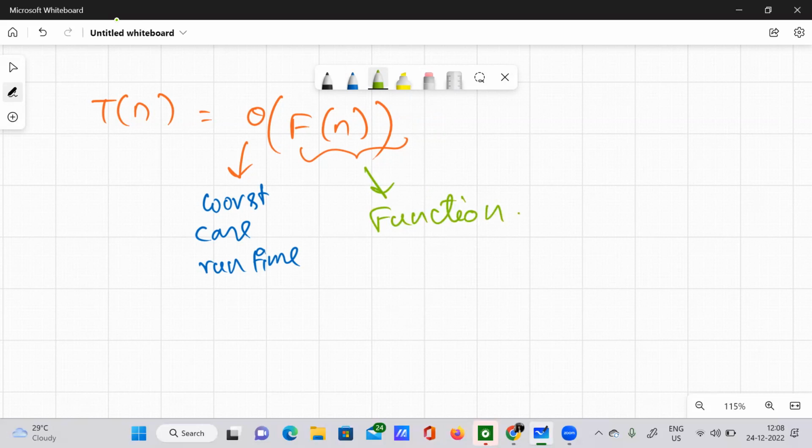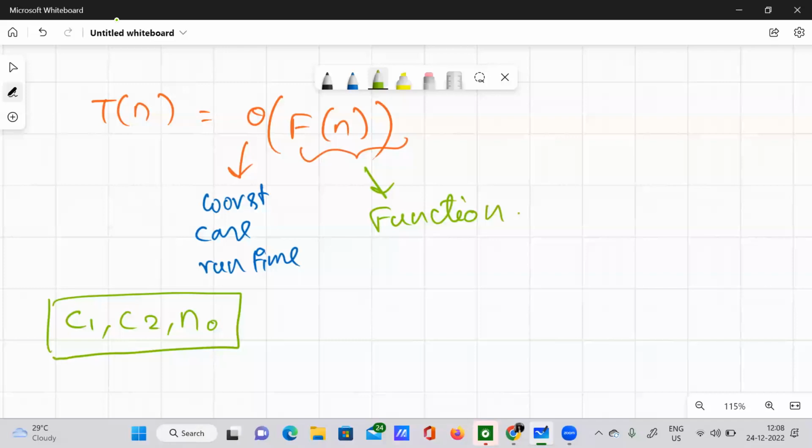Just imagine I have the constants c1, c2, and n suffix 0 existing. If I have these constants in my equation, how do I form a relationship?